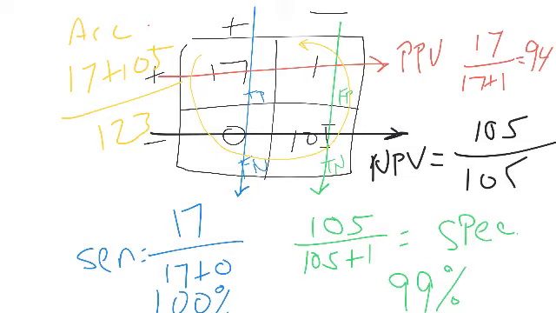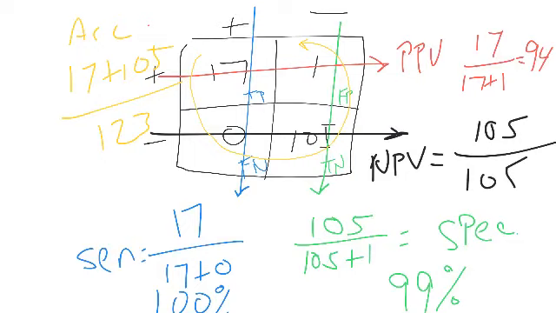All right, so we throw in some numbers. What is the specificity we came up with on this? It was 99%, or sensitivity was 100%. Specificity was 99%. Positive predictive value we found was 94%.